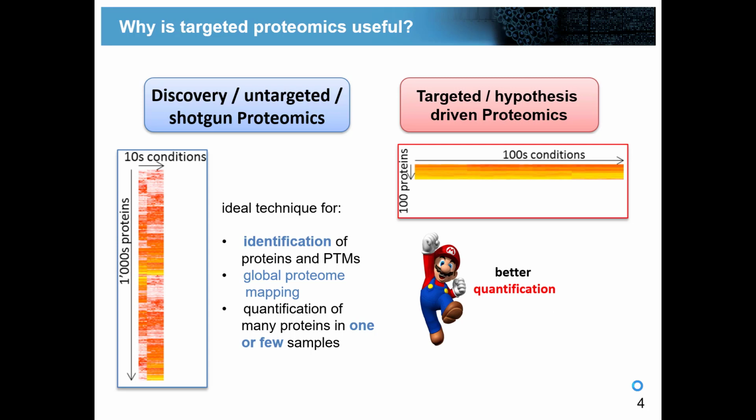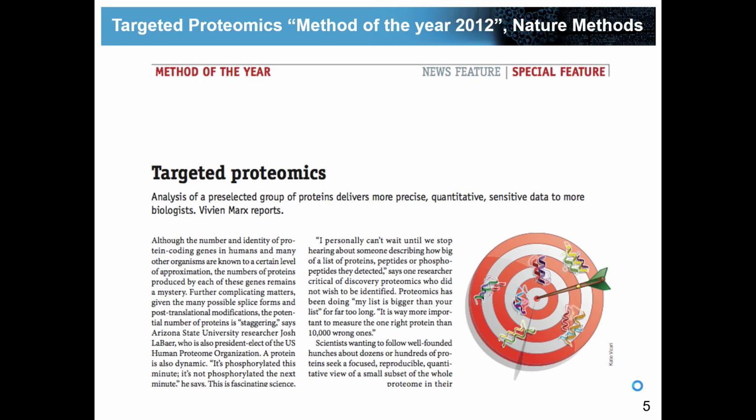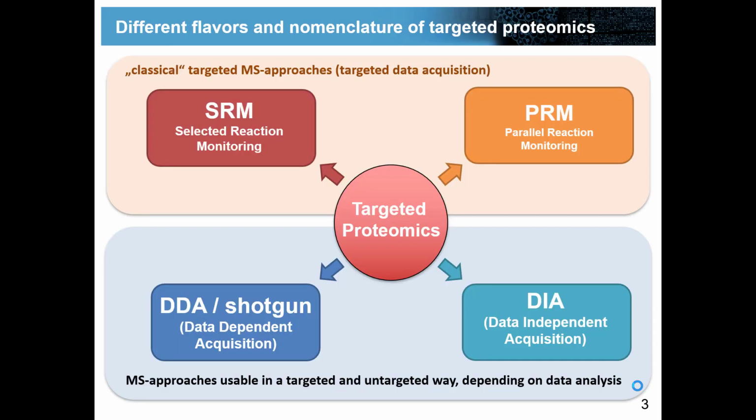That's the reason to do targeted proteomics. And you can see that this is really recognized in the field: targeted proteomics got selected as the method of the year by Nature Methods in 2012. Now, this benefit of better quantitation can be true for any of these 4 different data acquisition methods that I showed you. However, there are, of course, differences between these different data acquisition types.